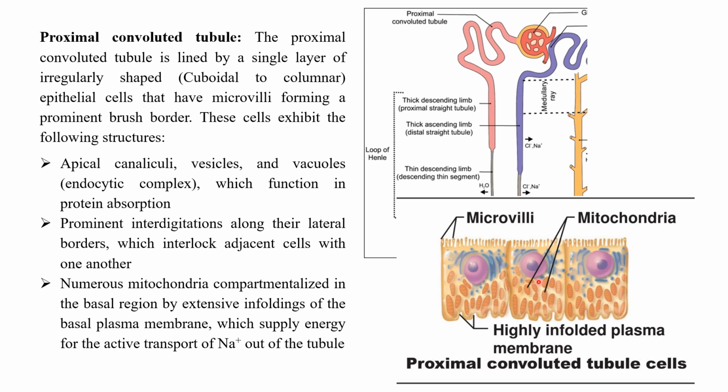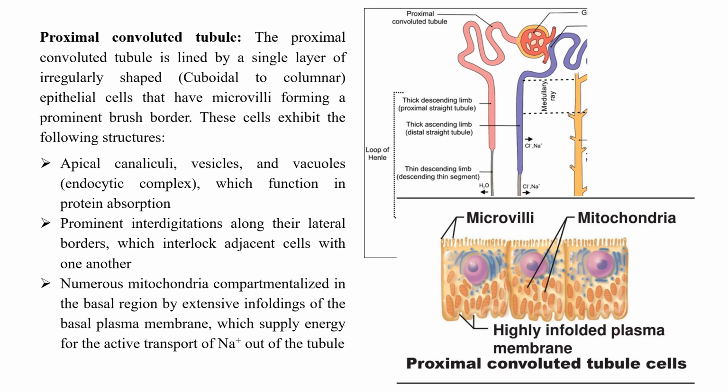Prominent interdigitations along their lateral borders, which interlock adjacent cells with one another. And also they possess numerous mitochondria compartmentalized in the basal region. You can see here all the mitochondria congregated at the base of the cell by extensive enfoldings of the basal plasma membrane, which supply energy for the active transport of sodium out of the tubule.